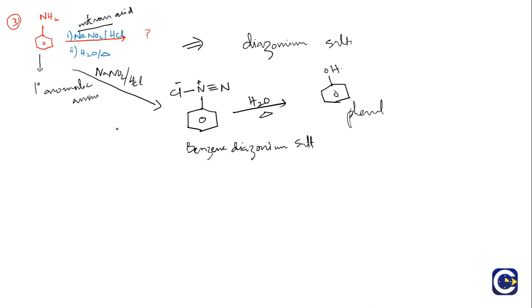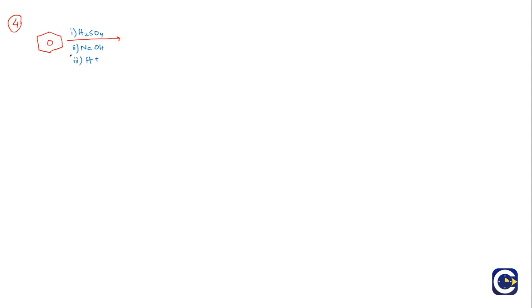Now taking the next reaction, we have benzene. In the first step it reacts with sulfuric acid, then in the second step with the base, sodium hydroxide, and finally we do the protonation. Again we have to predict the type of product we will get.